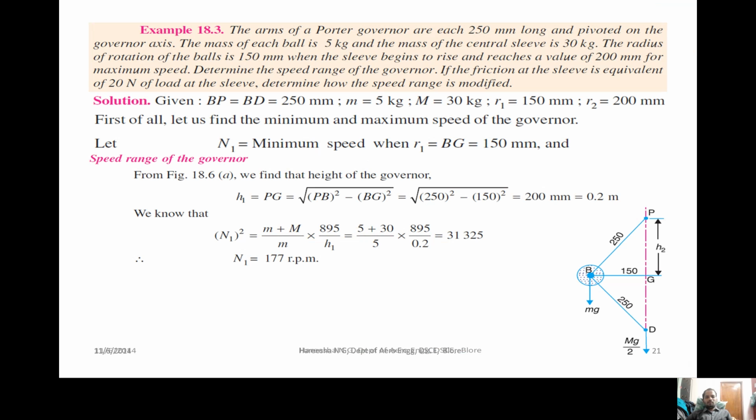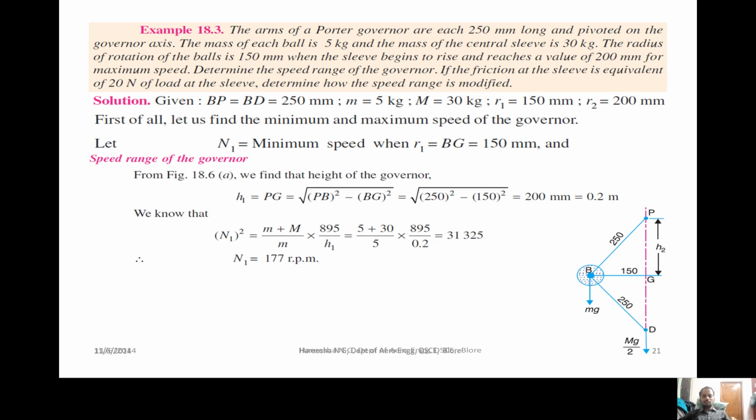Then again consider one more problem. If you solve the same model, the only difference is if the friction at the sleeve is equivalent to 20 Newton. So what is the problem?